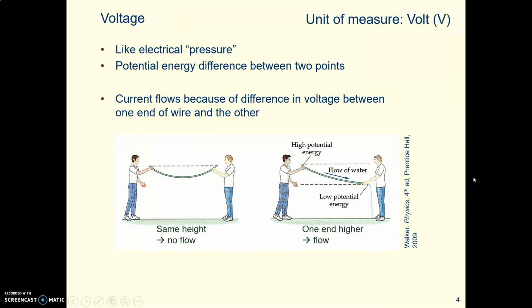So voltage, you could think of it as being like electrical pressure. More precisely, it's potential energy. It's the difference in potential energy between 2 points that makes current flow. But I like to think of it as pressure. And we measure voltage in, surprise, surprise, volts.